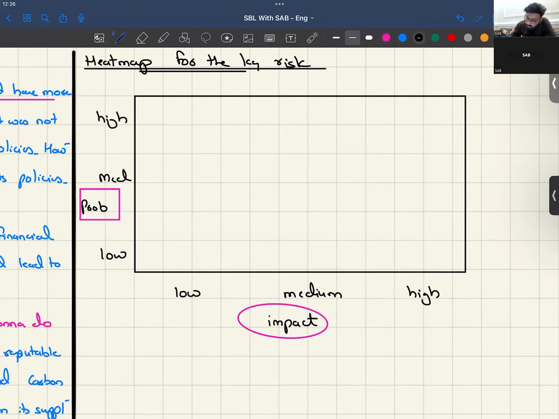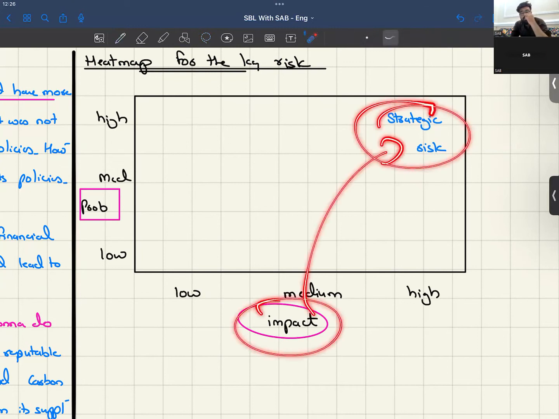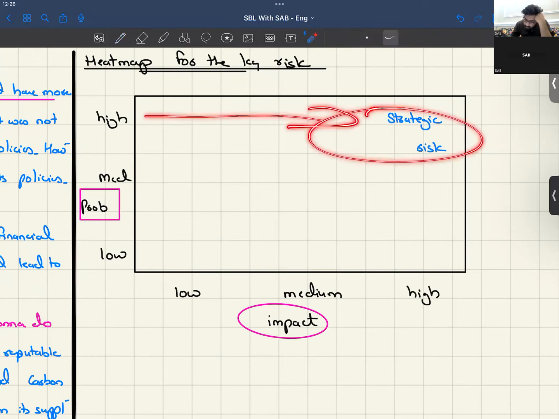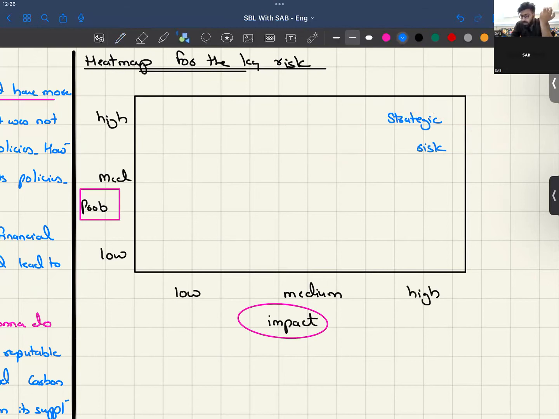In my point of view, they have a high strategic risk, impact-wise also, because their total strategy can get outdated. So it has a high impact and high probability. So in my point of view, the strategic risk would come here.